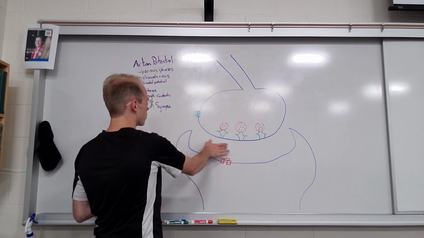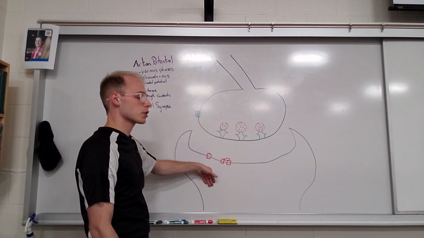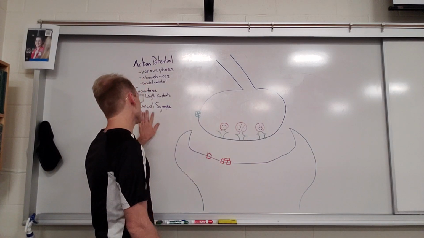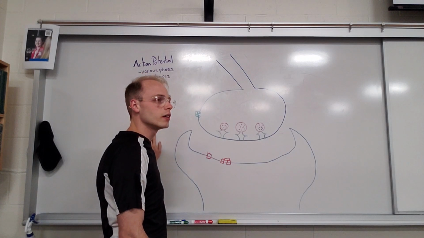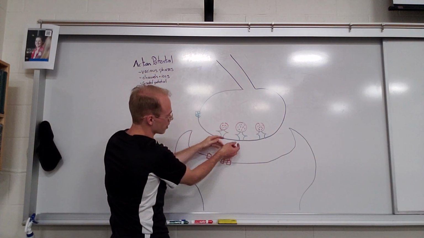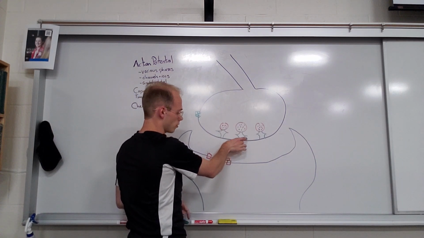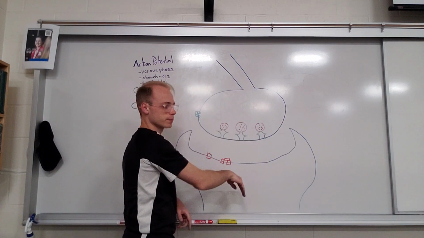So, this is what's called the chemical synapse. This is where chemicals are used to send signals onto the next set of neurons. There's also ones that are called, I think, ionic synapses, where there's literally just channels connecting the two that allow the ions to pass through.